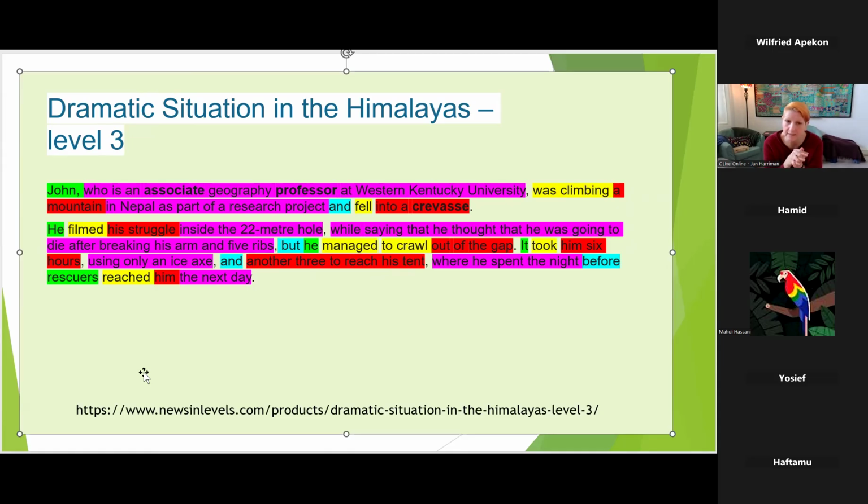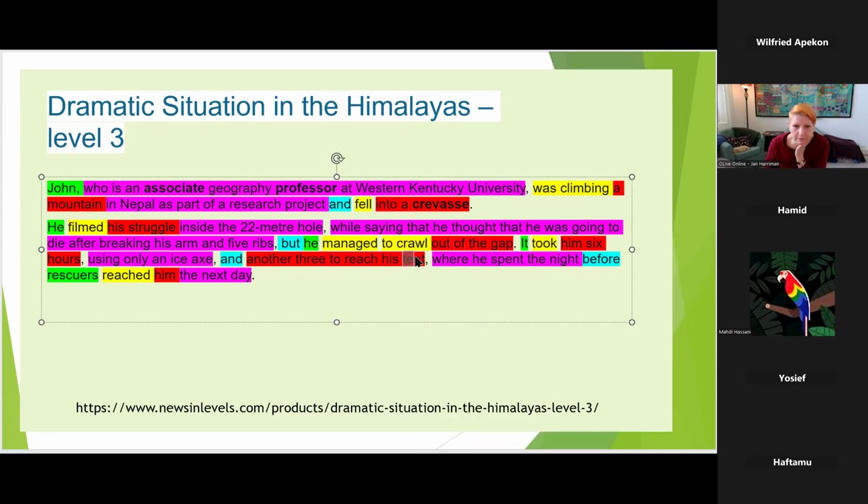Yes, it's describing the tent. The tent is the place in which he slept the night. So the tent is being described by where he spent the night.